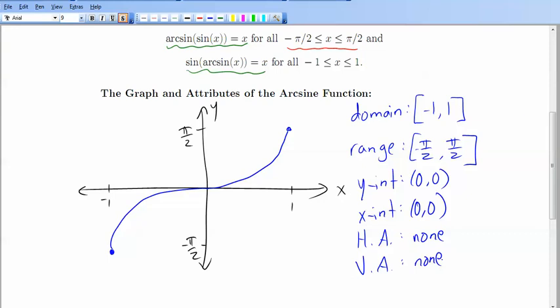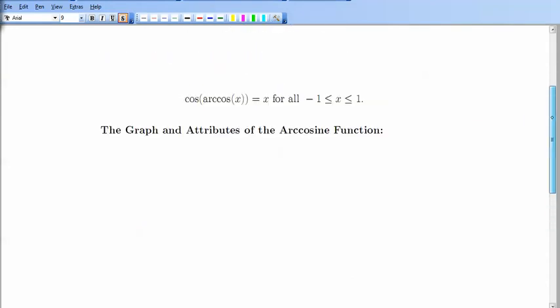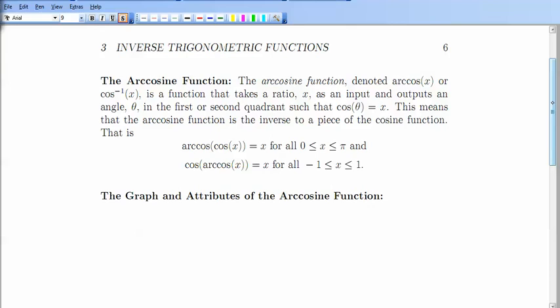Let's take a look at the arc cosine function. Of course, there has to be an inverse function for that as well. Here our restriction, and this has a little bit to do with the CAST rule if you think about it: in the fourth and first quadrants, the cosine ratios are both positive. So if I give you a cosine ratio of, let's say, 1/2, and I say the angle has to be between negative pi by 2 and positive pi by 2, there's actually two answers to that.